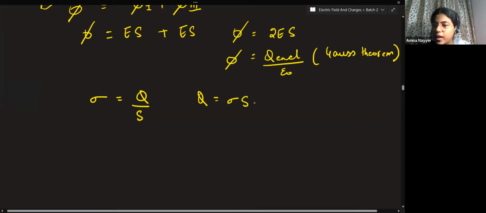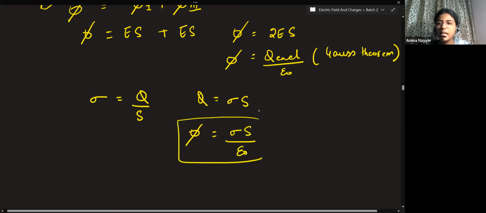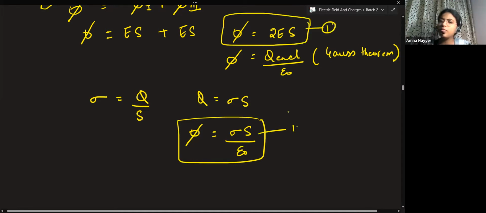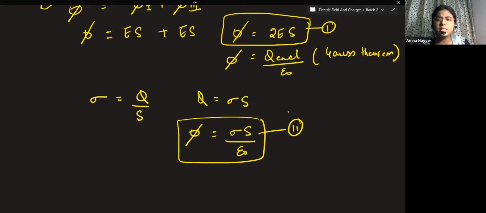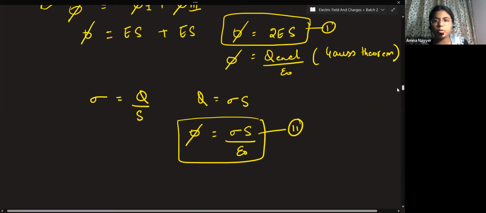Now I have the value of charge. If I put it in Gauss theorem, flux will be, instead of charge, sigma S divided by epsilon naught. So this is one flux that I am getting. The other flux that I am getting is this. This is 1, this is 2. Both fluxes are because of this plane sheet only. These are contributed by the same charge, which means these are the same flux, so I can equate both of them.